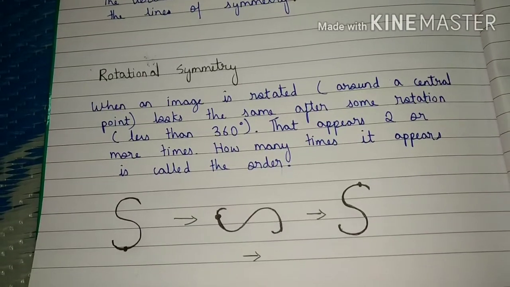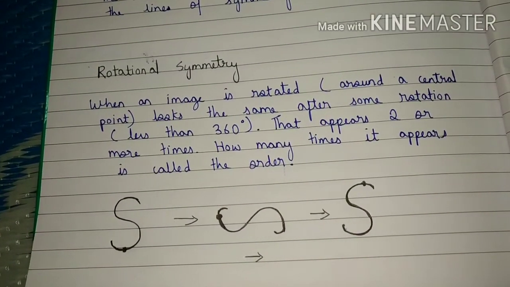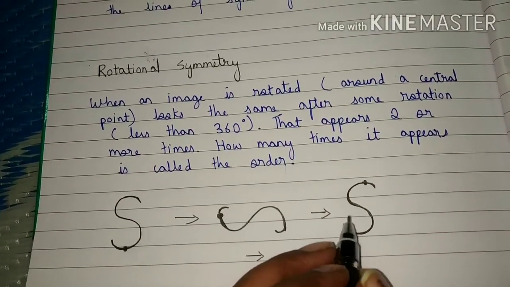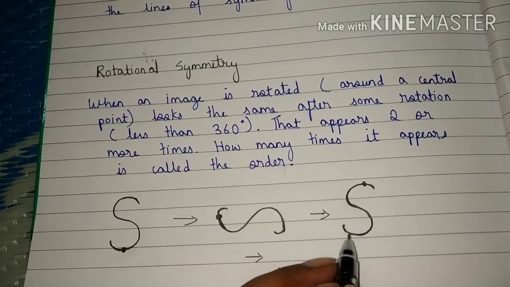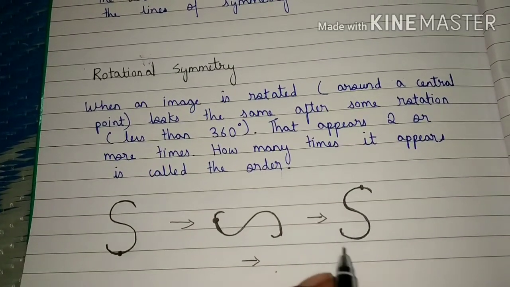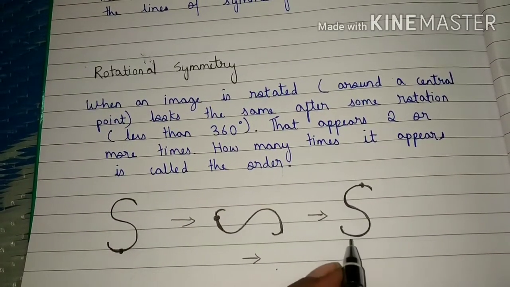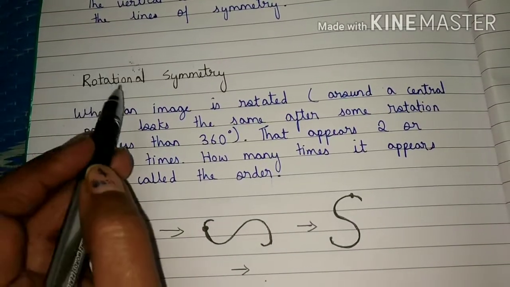Students, remember that we can rotate the figure of S 2 times or more than 2 times, but we don't have to rotate the figure of S completely, or 360 degrees, because if we rotate it completely, then this will not come under rotational symmetry.